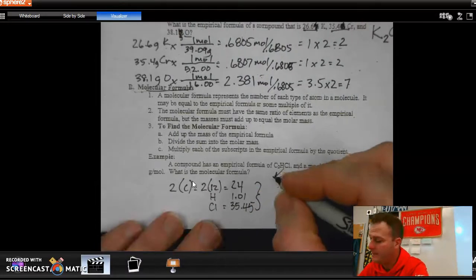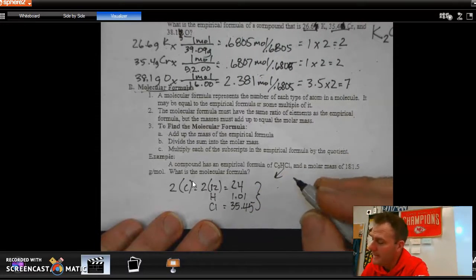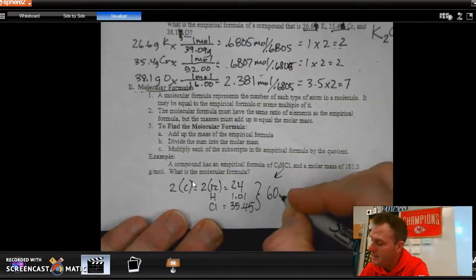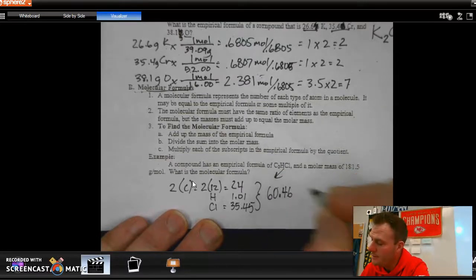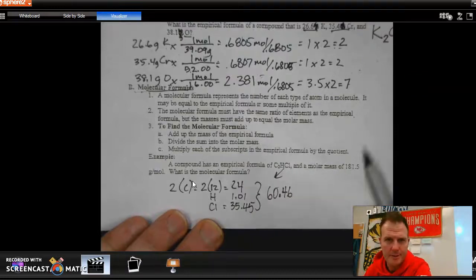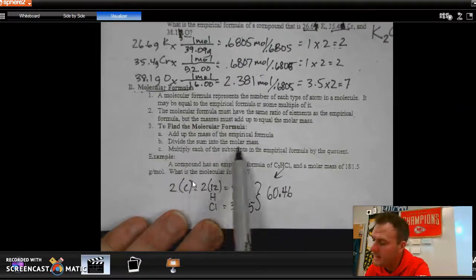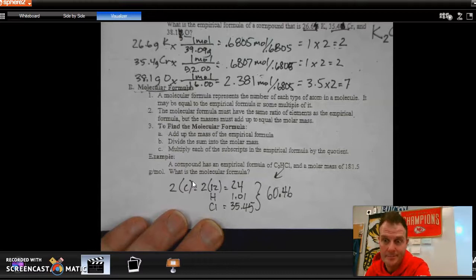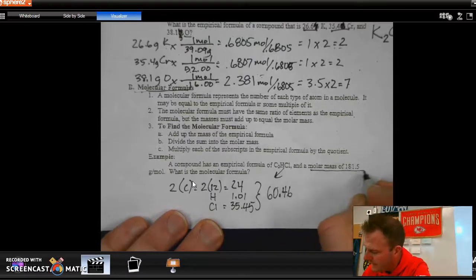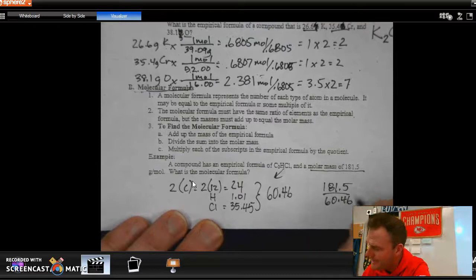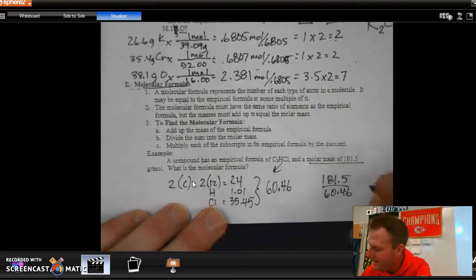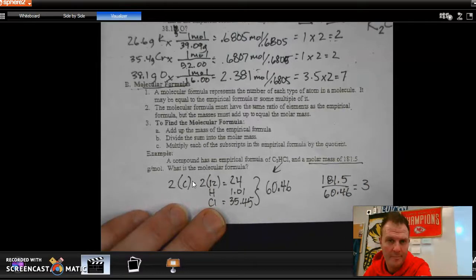So if you add all that up, 60.46. Now it says divide the sum into the molar mass. So what is 181.5 divided by 60.46? Well, you can see, folks, that 18 divided by 6 is clearly 3. Okay? So that's your multiplier.